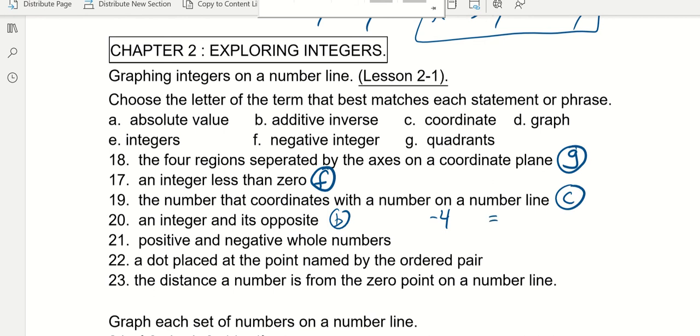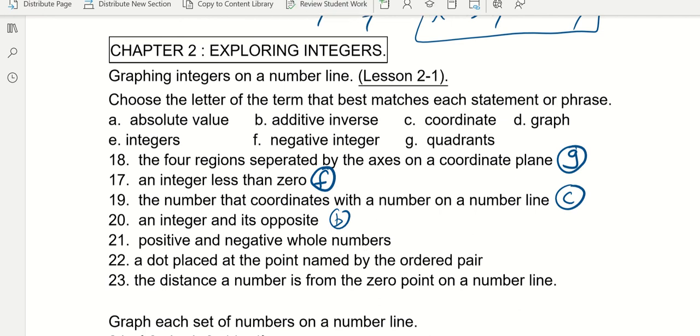What that is saying is negative 4 plus something is equal to 0, so negative 4 plus 4 is equal to 0. Conversely, if I gave you the number 4, and I said, what is 4's additive inverse? So 4 plus something equals 0. That's got to be negative 4, right? So 4 and negative 4 are additive inverses of one another. A number that you can add to another number that makes its sum equal to 0.